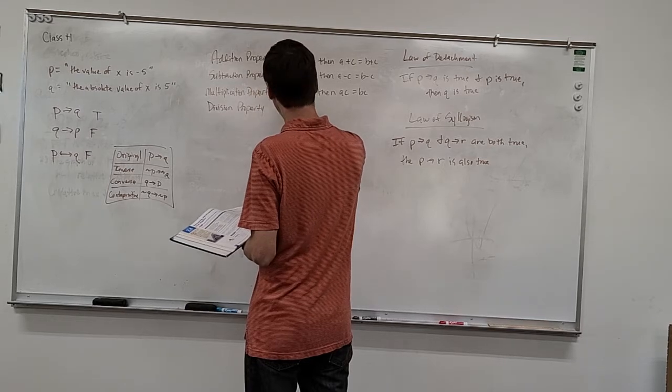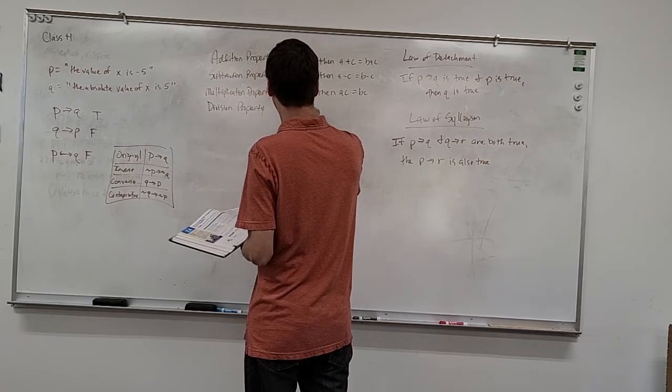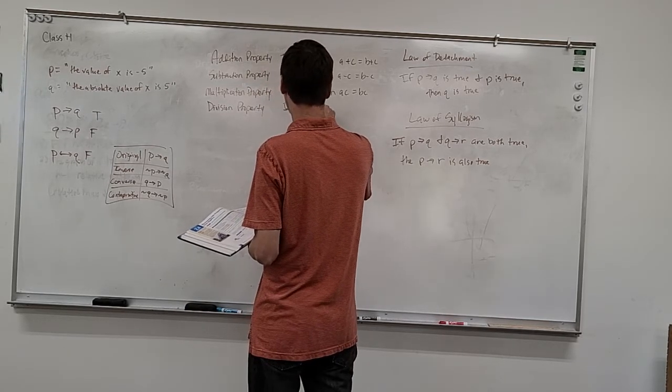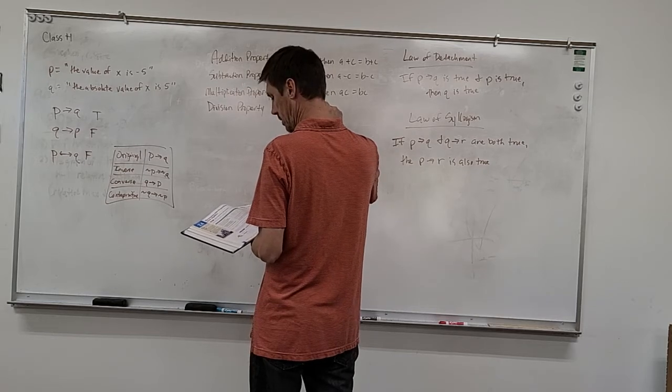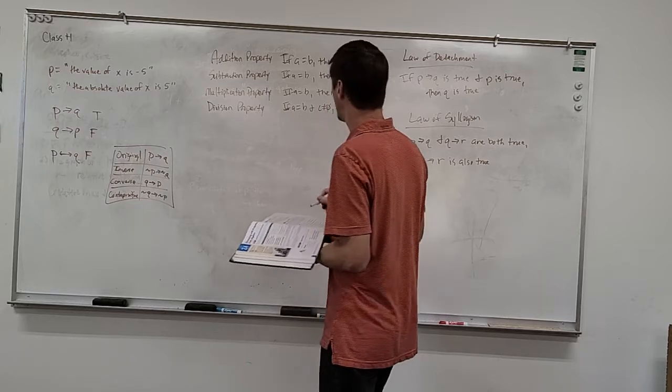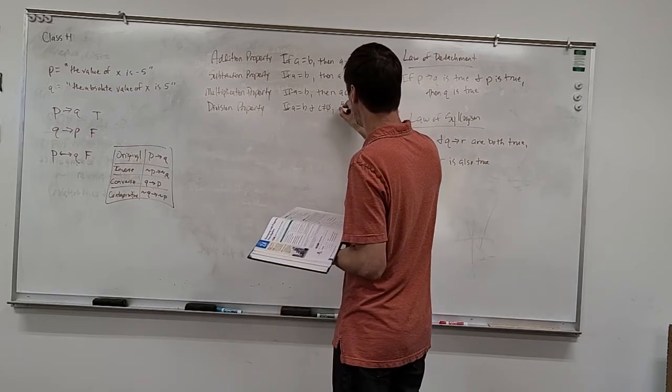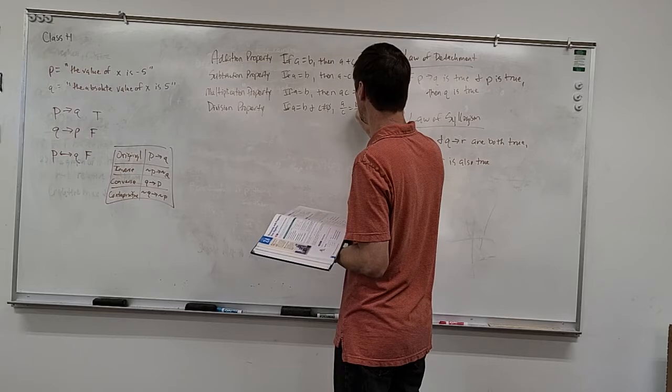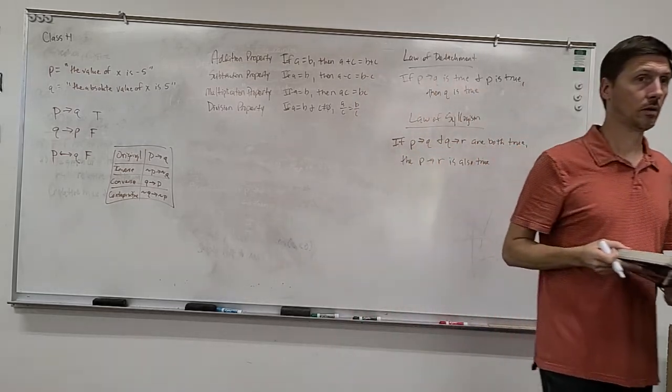And if A equals B, this one we have to say, and C doesn't equal 0. Why would we have to say that? Because we're about to say then A over C equals B over C, and you can't divide by 0. Cool. All right?